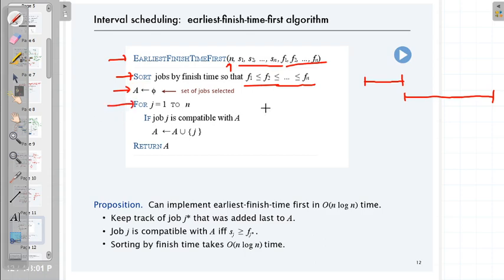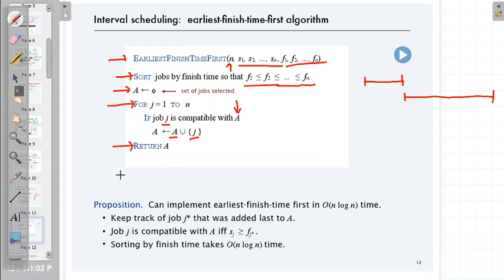If job J is compatible with A, that means with whatever jobs we have scheduled here, then we select that job and put it into the array A along with the other jobs. And finally we return the array A, where we have stored the jobs. So this is the pseudocode of the algorithm.